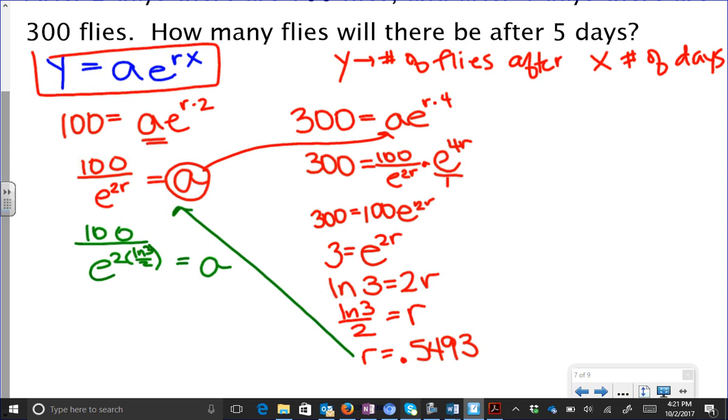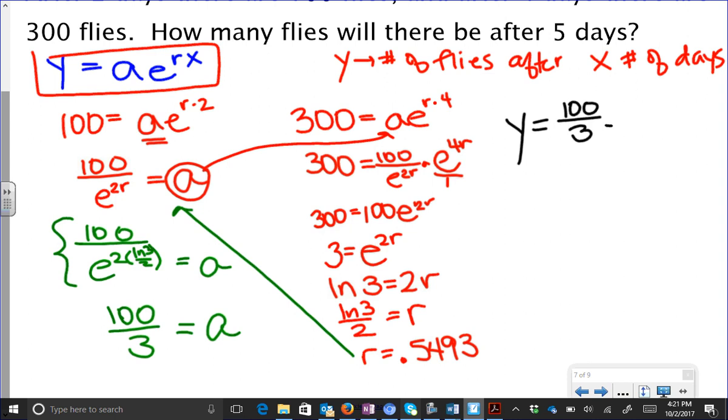But if we go ahead and plug that in for r and plug this into our calculator right here, we get that our a value is 100 over 3. So what we have now is that y, the number of flies, is 100 over 3, e to the r x power.